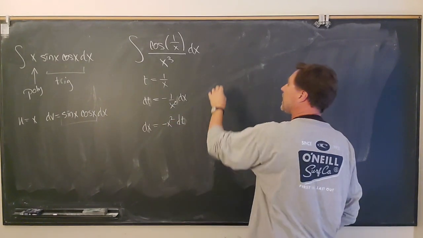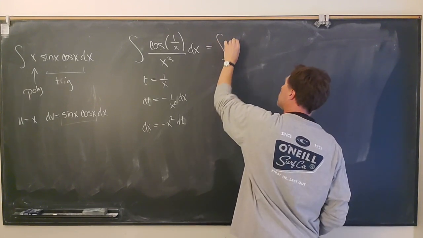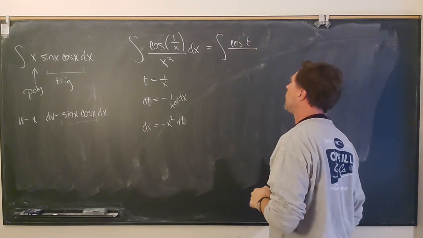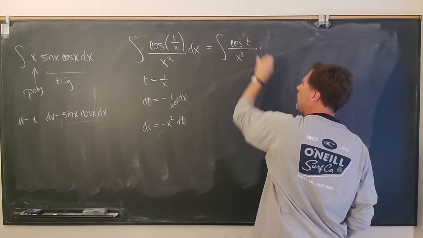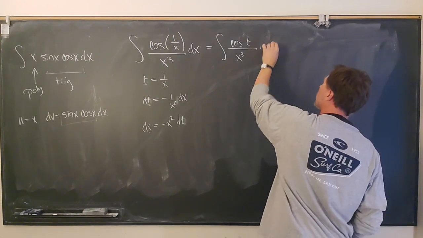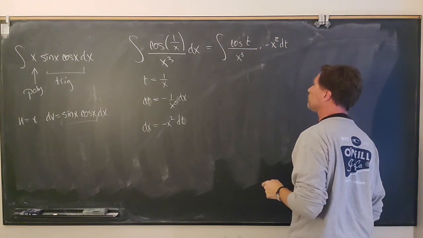So now, when I substitute, let's see what happens. I'll have a cosine of t, an x cubed, and then dx is going to be a negative x squared dt.